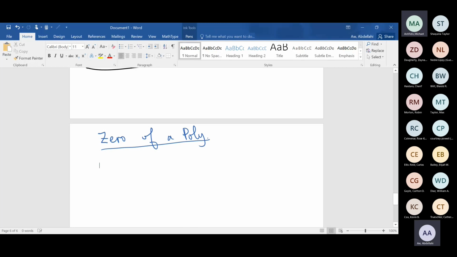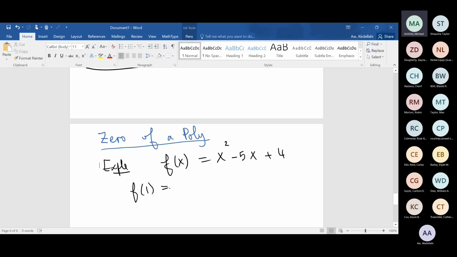Let's do an example right here. Example. F of x equal to x squared minus 5x plus 4. Everybody, how much is f of 1? Go ahead. How much is f of 1? Zero. That's 0, right?